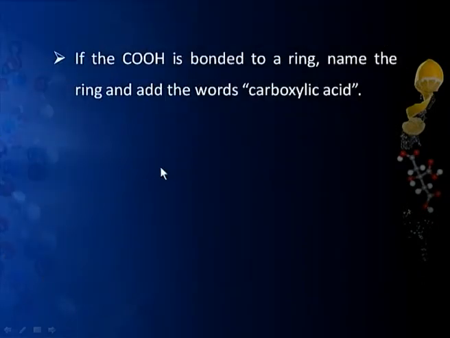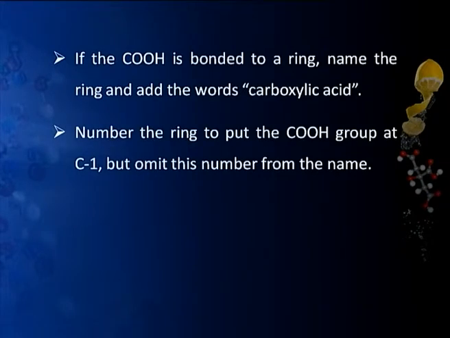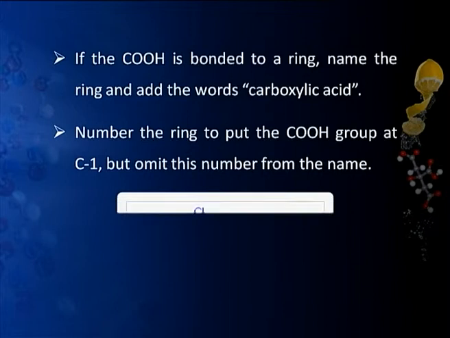If the carboxyl is bonded to a ring, then first that ring is named and then the words carboxylic acid are added to it. In this case, the carbon which is bearing the carboxyl group is given the number 1 on the ring. Now we don't give number 1 to the carboxyl group; we give number 1 to the carbon of the ring to which the carboxyl group is attached.